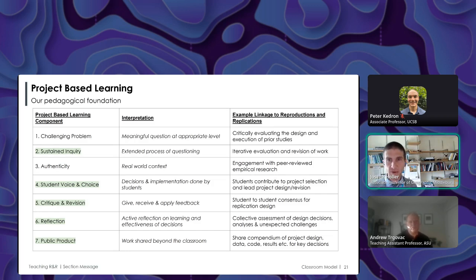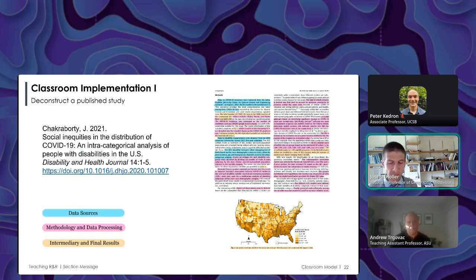So I'm going to walk through an example of one particular reproduction study that we've worked on for a couple of semesters of my open GIScience course, and which a student has also spent some time on as a summer research assistantship. This study was by Jay Chakraborty in 2021, and it's an analysis of disability and COVID-19. So this was early in the pandemic.